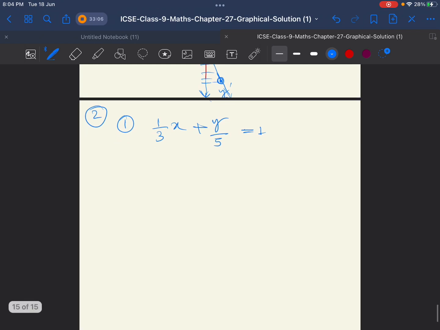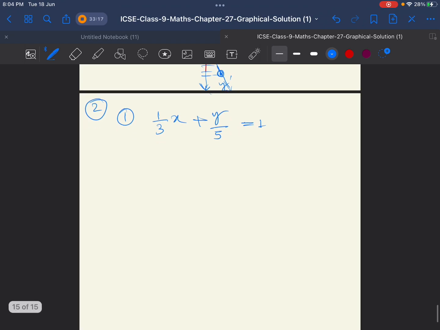Here we have to draw the graph for each equation given below. Hence find the coordinate of the points where the graph drawn meets the coordinate axis. Okay, then we have to find the coordinates of this point.